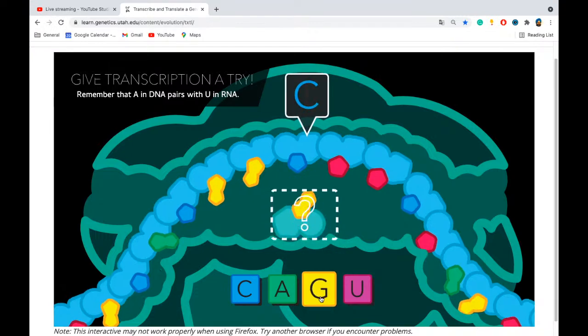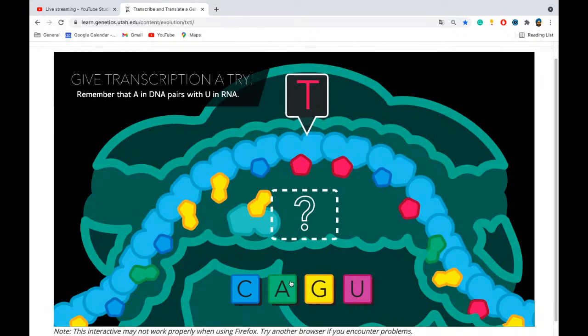It will be G. Then for T, it will be A or U. Is it A or U?